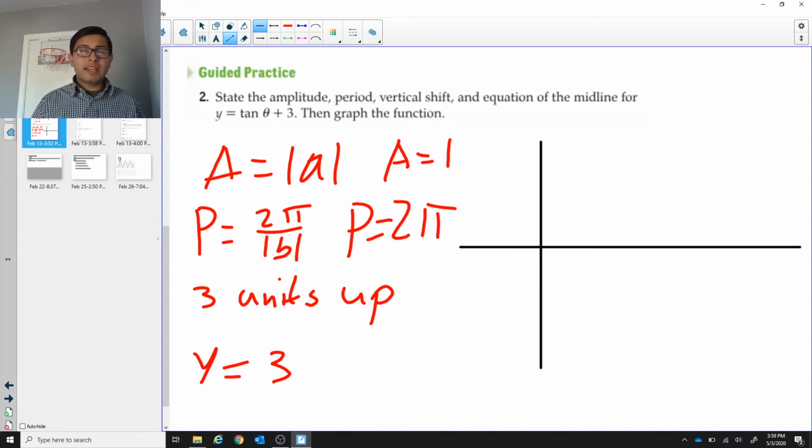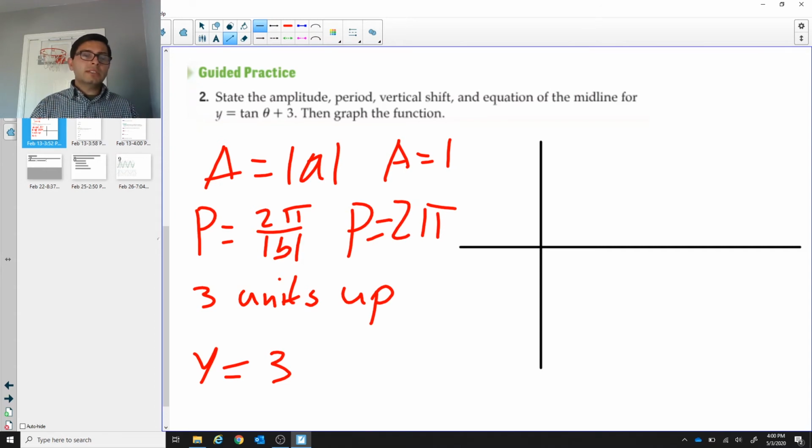And there's the extra thing on top of that, that tangent looks very weird. I want you to, right now, pause the video, go to Desmos, and look up what tangent of theta looks like. And when you come back, don't be afraid, because it's okay. We will figure out how to graph these things. Now there is a reason why tangent looks so weird.